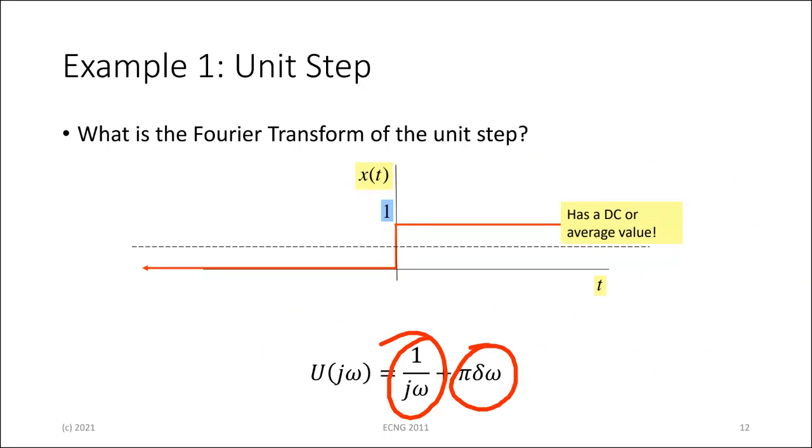So the Fourier transform of the unit step is 1 over j omega, so the magnitude of that will be 1 over omega. And there's a DC component, and we see that because the thing is off for half the time and on for half the time.